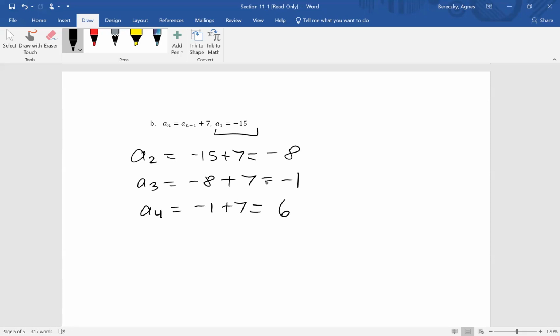So as we can see, we keep adding 7 to each term. To get to the 8th term, it will be the 6, that's the fourth term, plus 7, that's 5th, 6, 7, and 8. 1, 2, 3, 4, 28 plus 6 is 34. We kept adding 7 until we reached the 8th term.